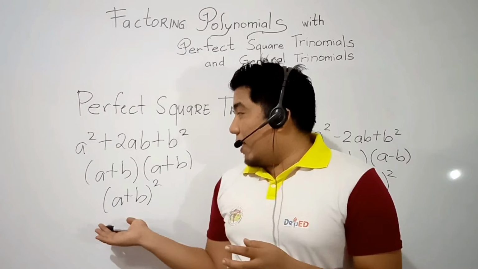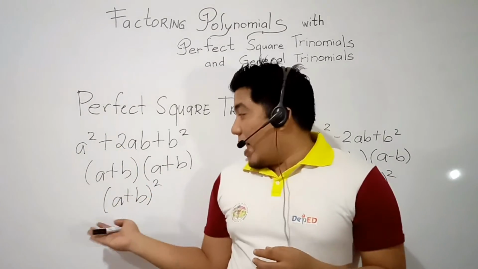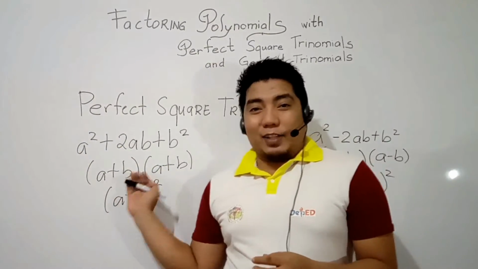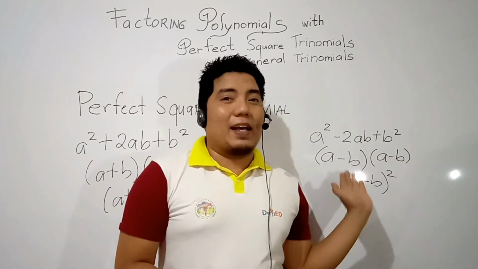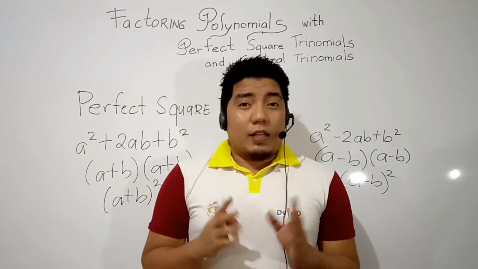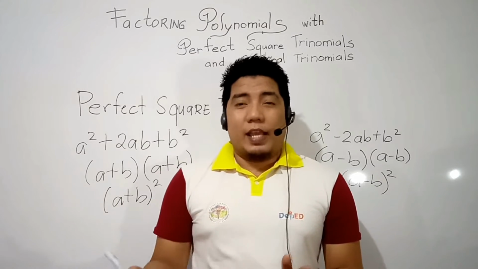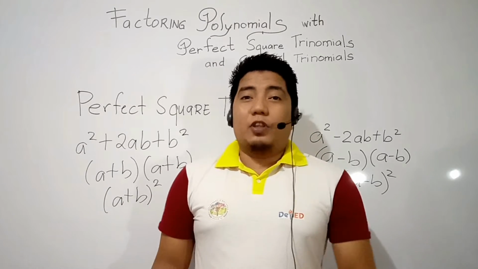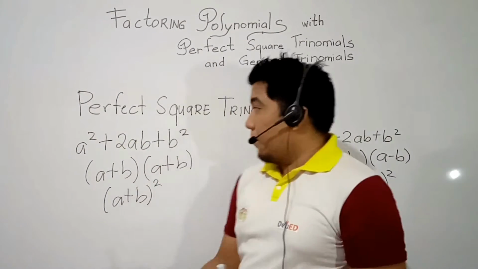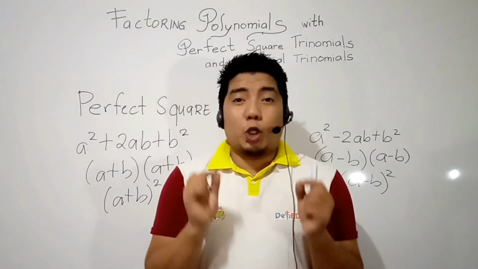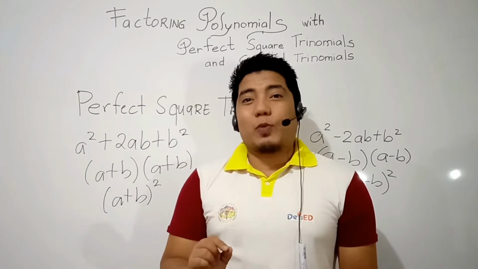Now, as you can see, this kind of standard has identical factors. Same goes to this kind of standard. It has identical factors. Now, how do we know that an example is under the perfect square trinomial? The first thing you should know is the first and last term should be perfect squares.